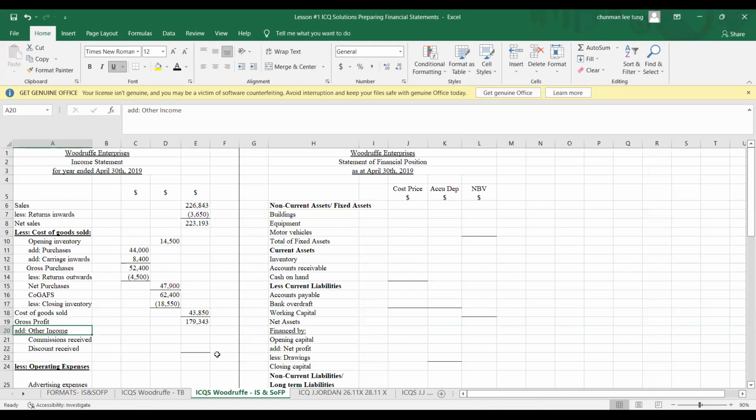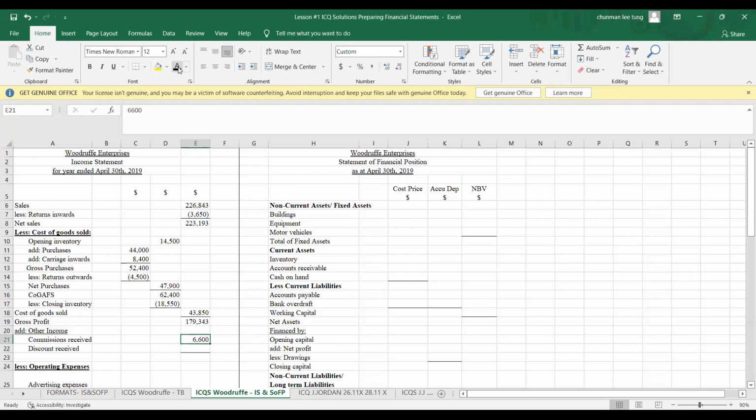We must remember to include whatever additional incomes we would have received throughout that period. In our answer for the trial balance, we had commission received. Commission received is our income. It will add to our gross profit, and as a result, we need to include it.